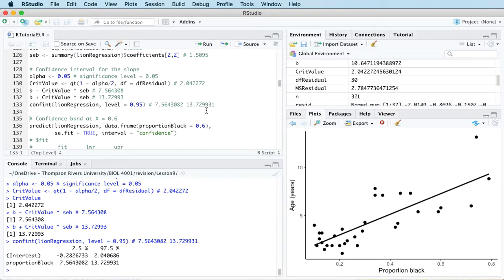And in the next video we're going to look at what are called confidence intervals for the mean, sometimes described as a confidence band, and we'll also look at prediction intervals. These concepts are related, but they're subtly different, and so we'll spend the whole of the next video looking at those two ideas.